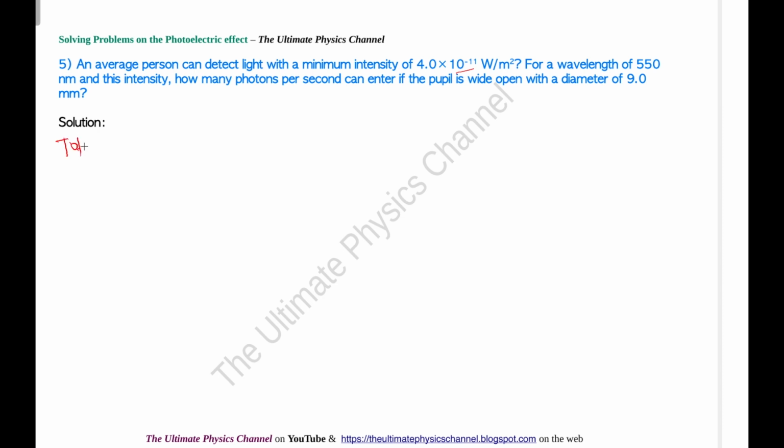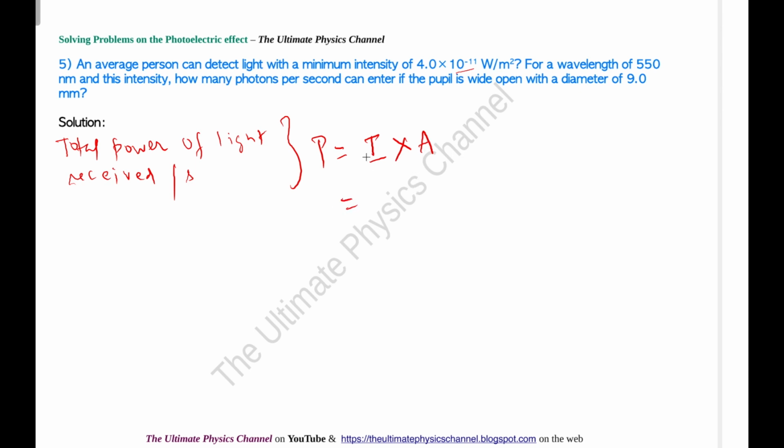Let's say total power of light received per second by the eye. Let's call that P. That would be equal to the intensity of light over a given area A, right?